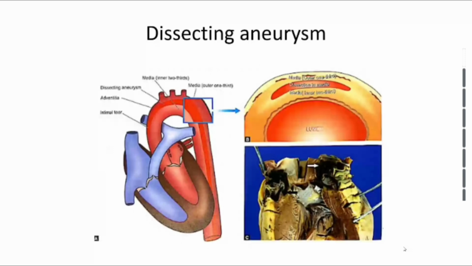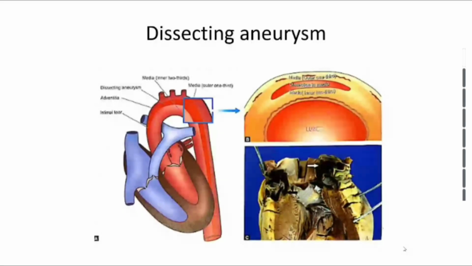And then again, just dissecting aneurysm, looking at the most common places, you can see there the heart and the ascending aorta. And we are told that there is a defect or a tear within the intima, tunica intima, and that allows blood to get into the tunica media and go through, dissect it or divide it. And you can see that dissecting aneurysm.